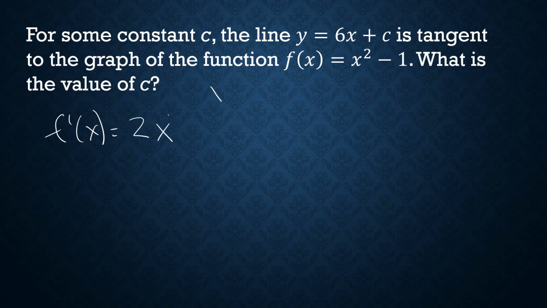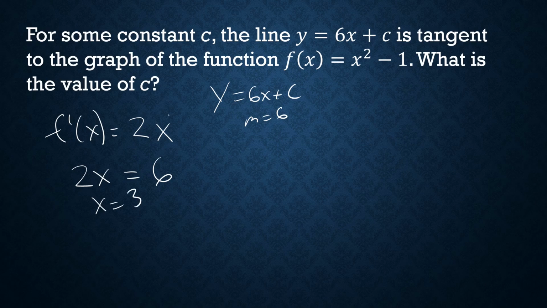Now looking at our line, y equals 6x plus c, our slope is 6. So using our derivative, 2x equals 6. Solve for x, divide by 2, x equals 3. So that means that at x equals 3, the slope of the tangent line is 6.